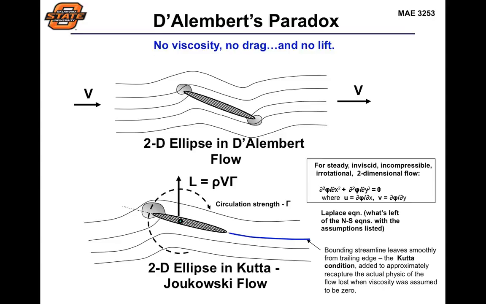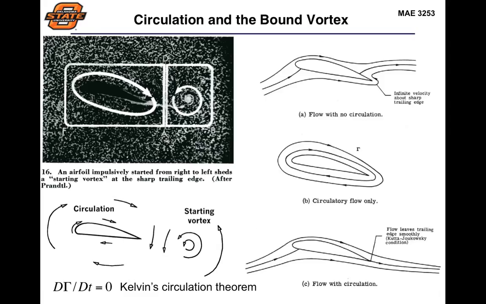Now, this was initially discovered by Prandtl, and this little picture here of Prandtl's actually shows the same type of experiment that he was running, taking an airfoil, running it through a flow, in this case seeded with little particles so you could trace stuff out along the surface, and showing that when you get a starting vortex, when you start moving that airfoil, and using Kelvin's circulation theorem, where the time rate of change of the total circulation of the flow is equal to 0, it means that you have to have a bound vortex attached to that airfoil.